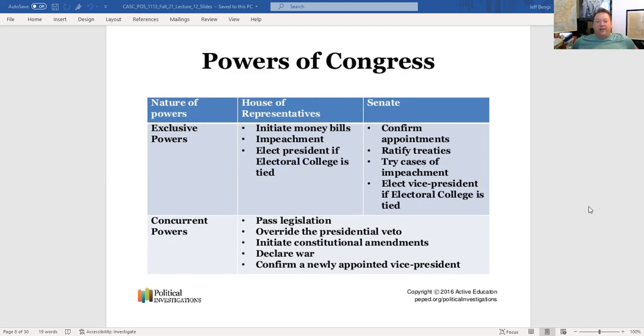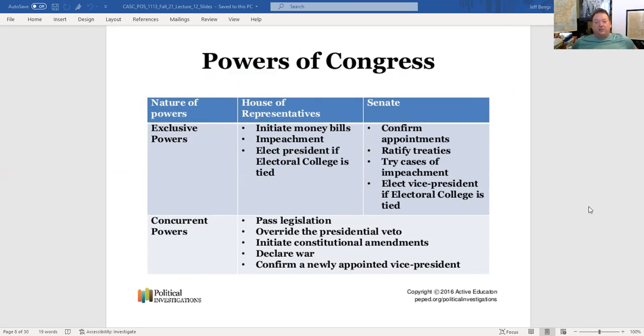The House of Representatives is the chamber that gets the ball rolling and votes on impeachment. And that's not just the president, but that can be a Supreme Court judge or another congressperson. They get the ball rolling and they vote for impeachment. They initiate bills that have to do with money.